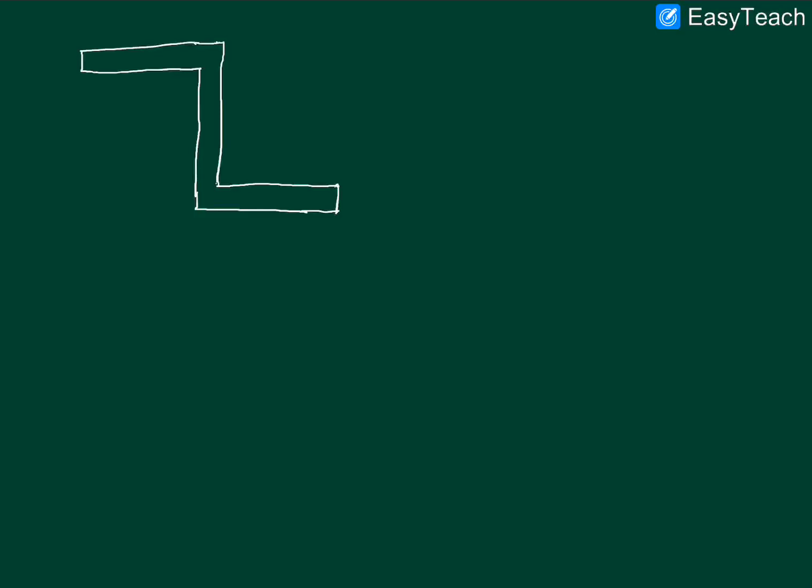So this is a Z cross section, and just like before, we can imagine that we can make some cut here, and this Z cross section can be thought of as composed of this rectangle, this rectangle, and this rectangle.